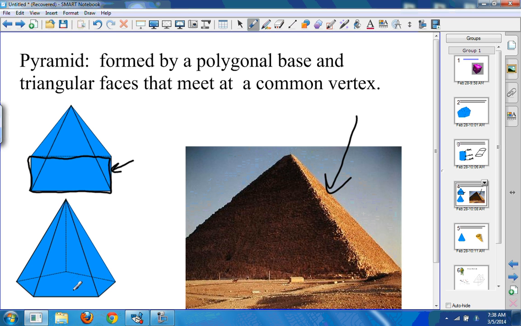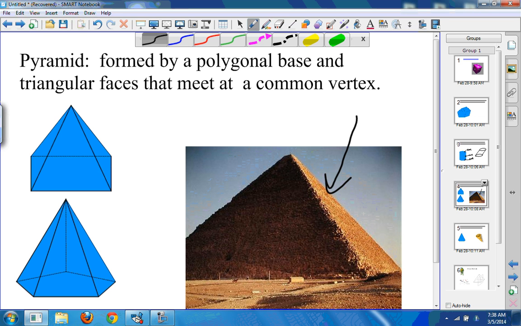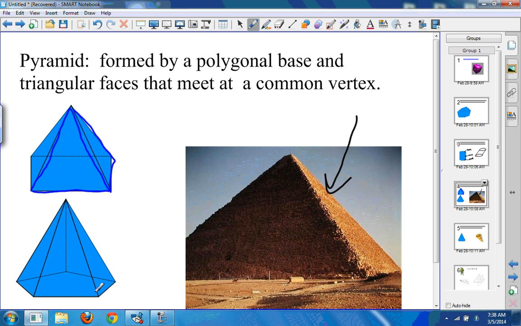Notice that no matter how many sides the base has, we always have triangles connecting. So here we have triangles, here also. We have triangles connecting to the top. No matter how many sides the base has, we'll always have triangles for the faces. All right?